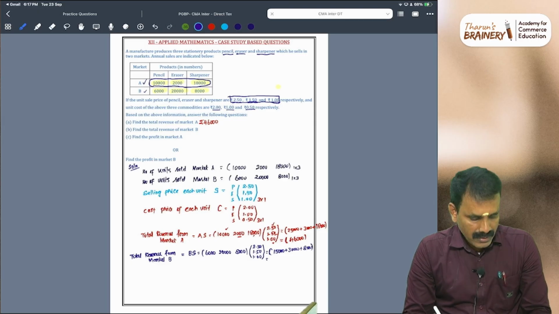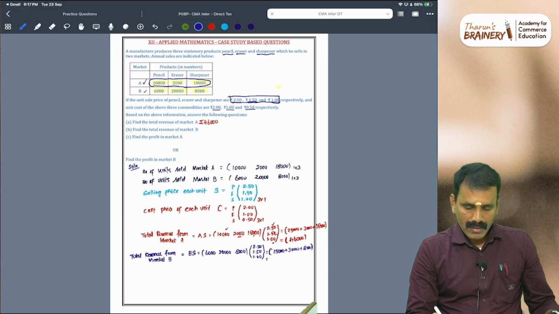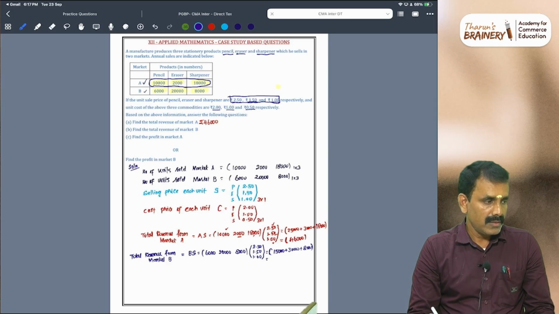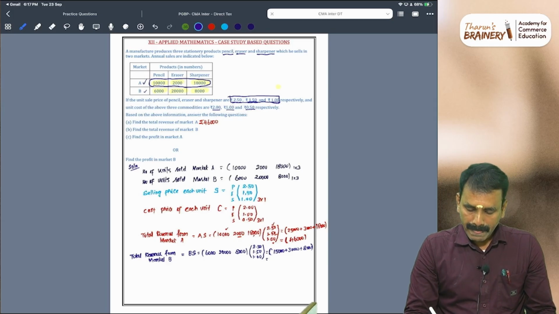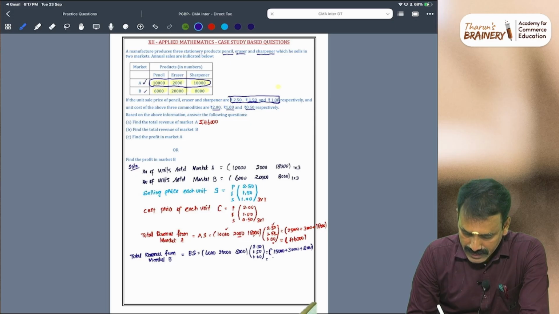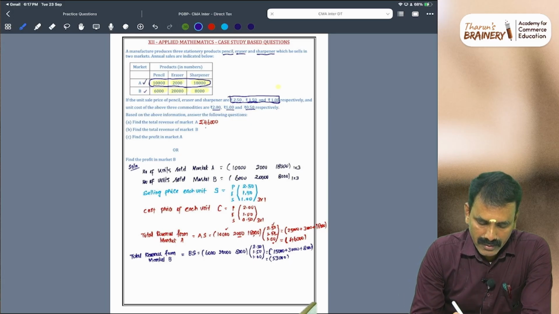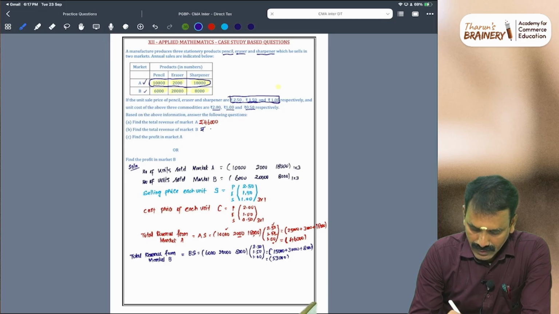So, we are going to add 15,000, 30,000 and 8,000. So, it is going to be 53,000. So, the total revenue from market B is going to be rupees 53,000.